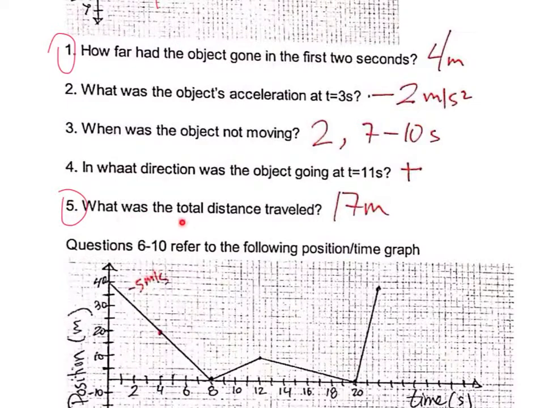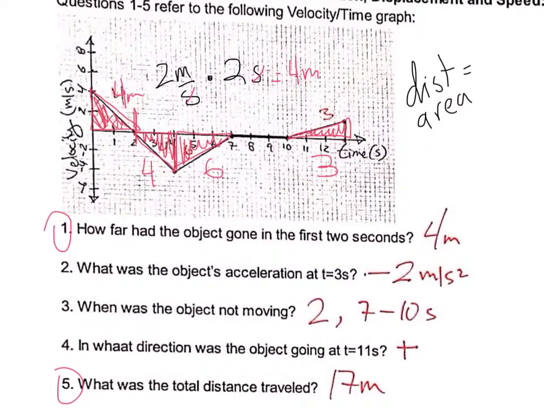Okay, 5. What was the total distance traveled? So here we are back at this, where we have calculated the area under each of these, and some people sort of did like a line down here and found the area. It's the area sort of with respect to the time axis.